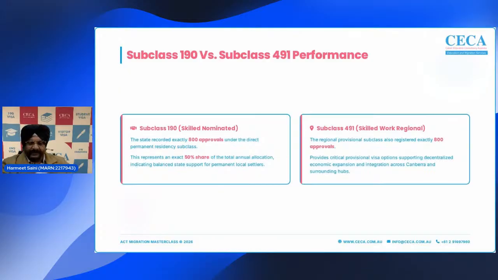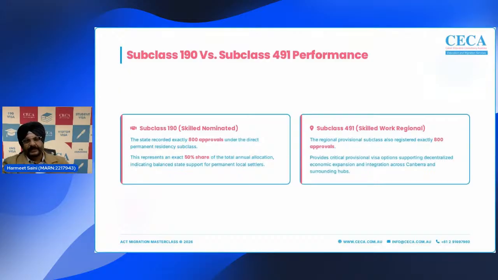The basic difference between the two visas is that 190 is the permanent resident visa, and 491 is the regional provisional visa. It is granted for 5 years, and you have to live in a regional area when this visa is granted to you. ACT is already a designated regional area.